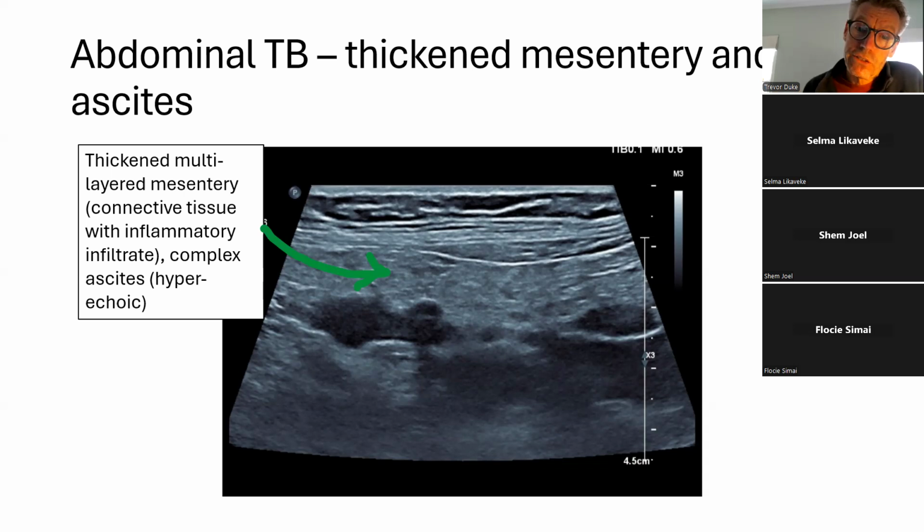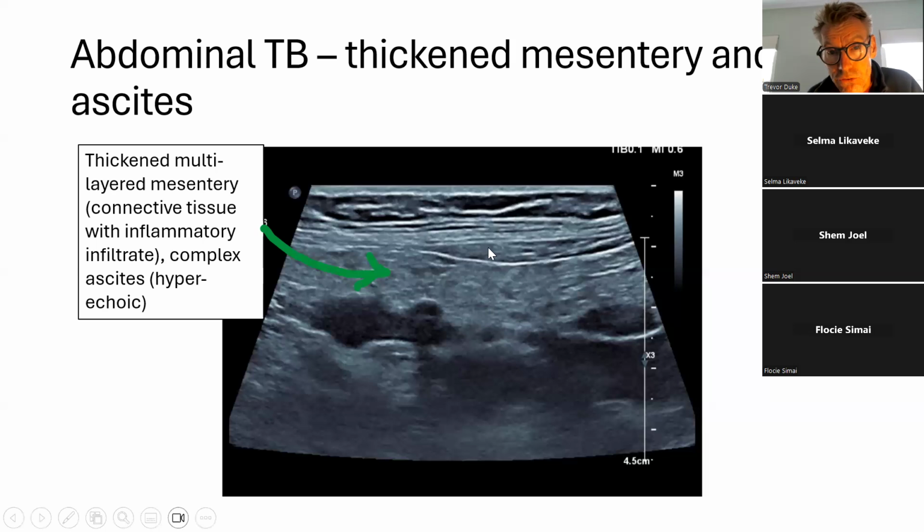A complex ascites often has lots of echoes within it, and that just reflects the multiple strands or layers of tissue, the thickened omentum or the thickened bowel wall that you typically see in abdominal TB, often with draining and adjacent lymph nodes that are enlarged because of that.